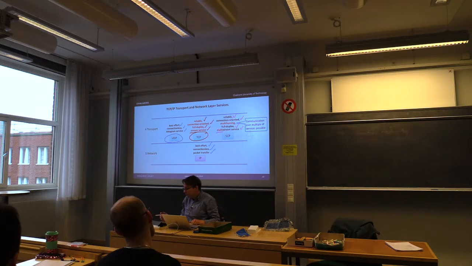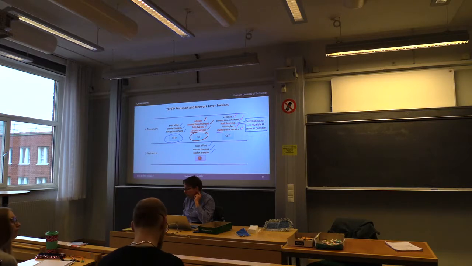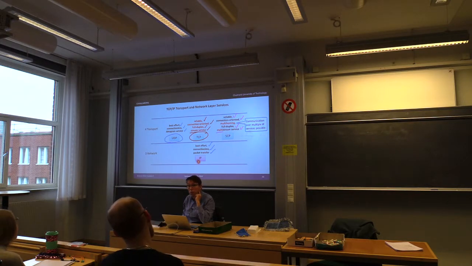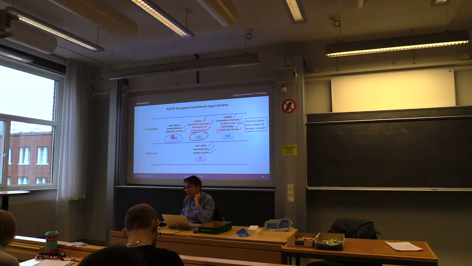Okay. But again, I think the most important thing in this slide is to understand that there are several protocols in the transport layer, but there is only one protocol in the network layer. The network layer is not very reliable, right? And sometimes you're okay with this, then you use UDP. It's fast, cheap, economical. If it's not enough, you use TCP, which is slower but more reliable, full duplex.